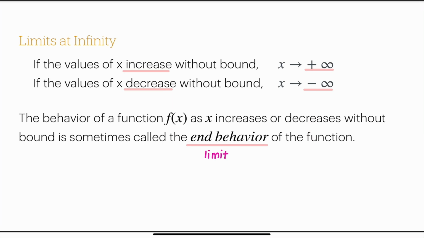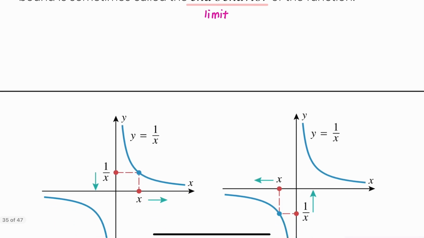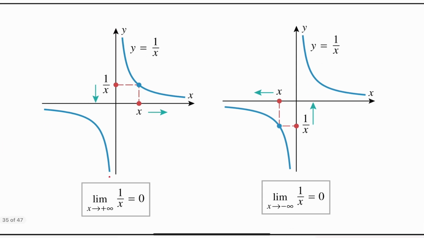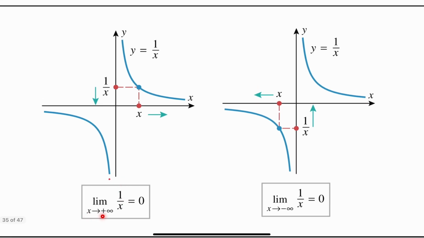So for example, the limit of 1 over x. This is the curve representing the function y equals 1 over x. We can see here that x increases without bound towards the right, and x decreases without bound towards the left. When we find the limit of 1 over x as x approaches positive infinity, this curve goes to the right indefinitely.